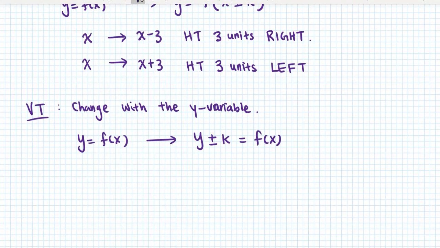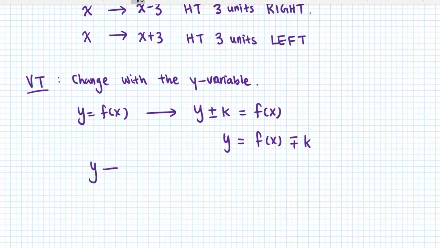When we isolate the y variable, the plus minus will switch, so it will look like this, minus plus k. So y is changed to y minus 3, for example. The vertical translation, 3 units, the direction is upward.